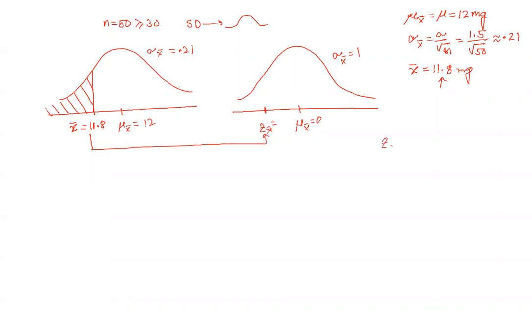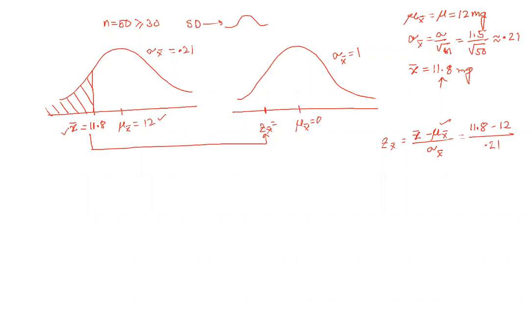Z sub x bar is equal to x bar minus mu sub x bar over sigma sub x bar. So x bar is the point in question, which is 11.8. So 11.8 minus mu sub x bar, which is 12 by the central limit theorem's conclusion, over sigma sub x bar, which is 0.21.